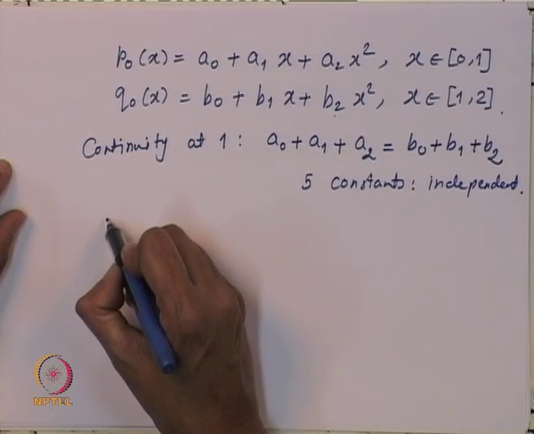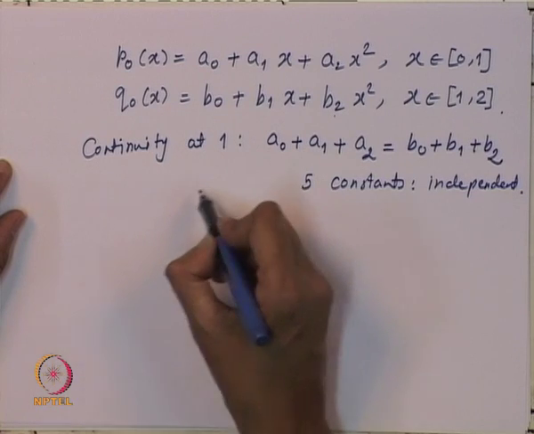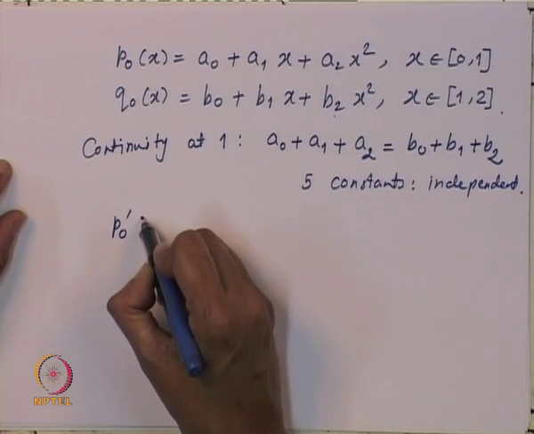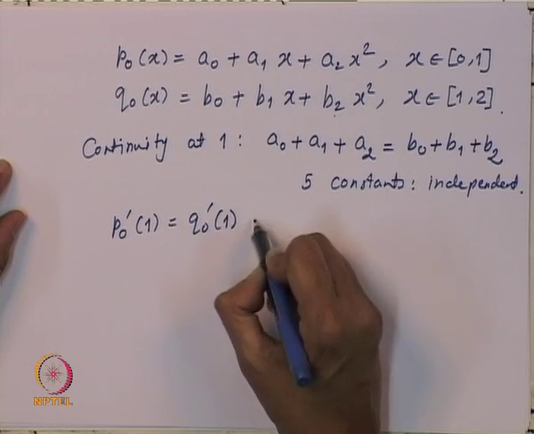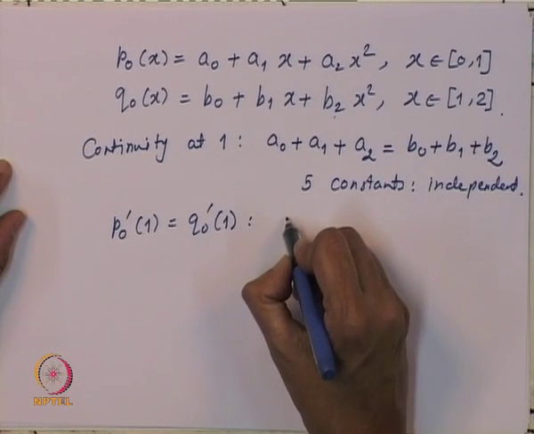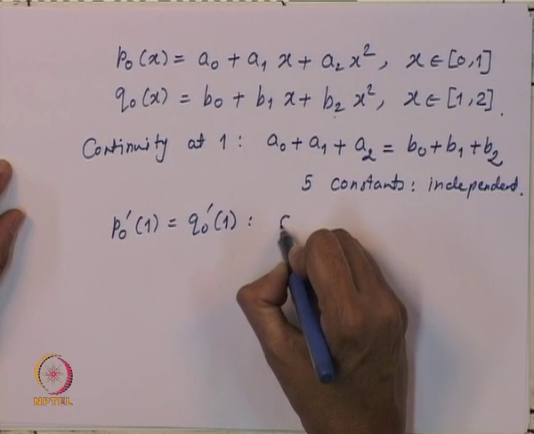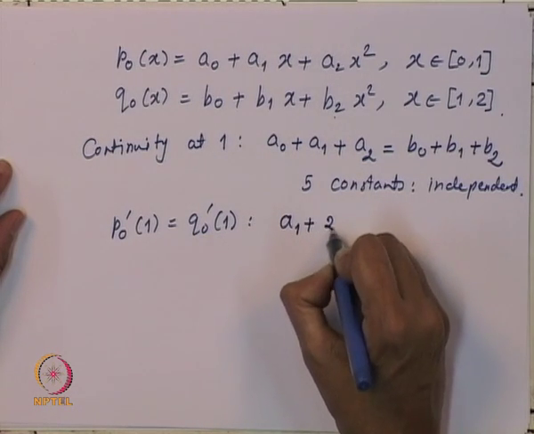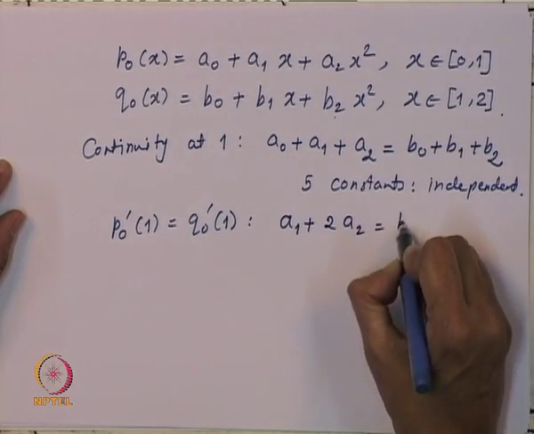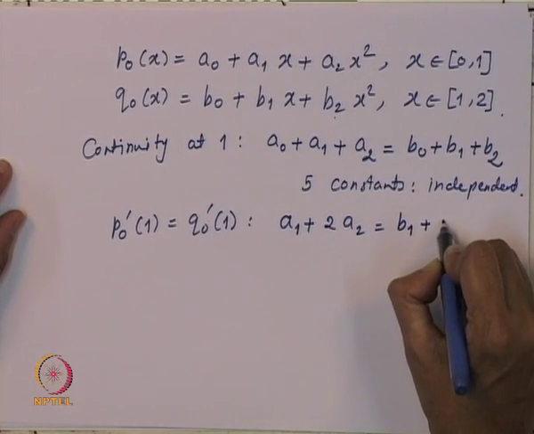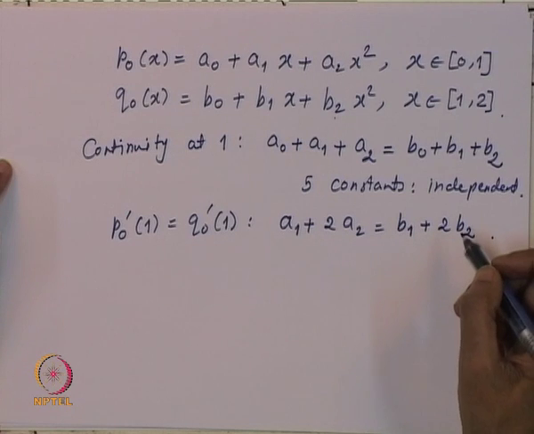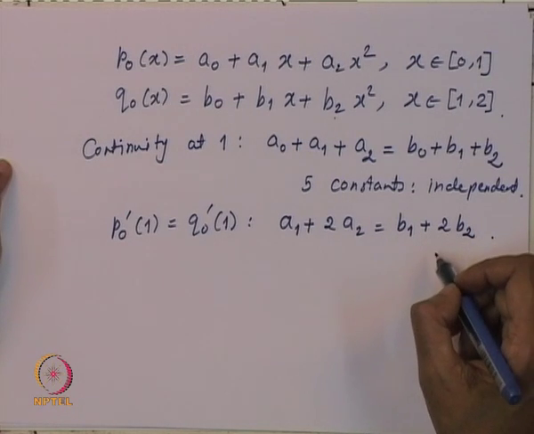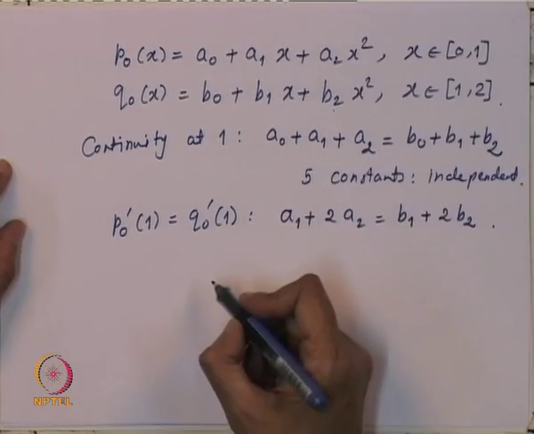Then suppose we want P0 dash at 1 equal to Q0 dash at 1. Then we have a1 plus 2 a2 equal to b1 plus 2 b2. So, one more degree of liberty is lost.